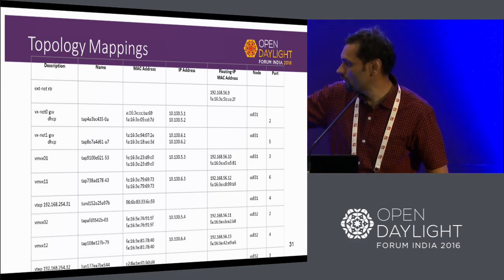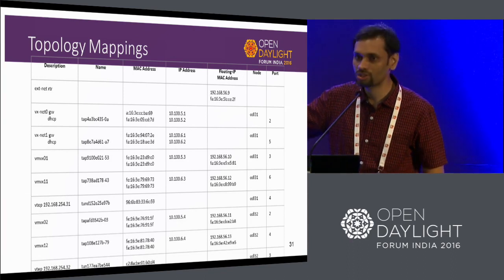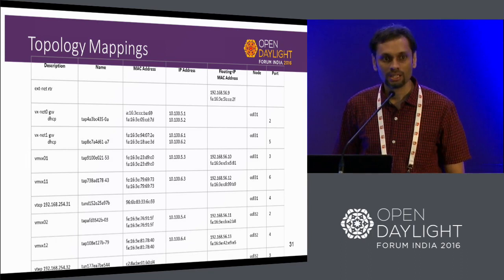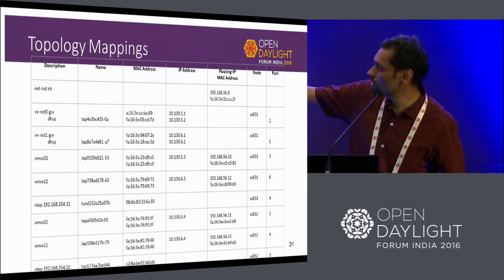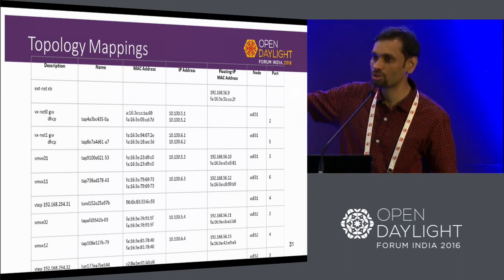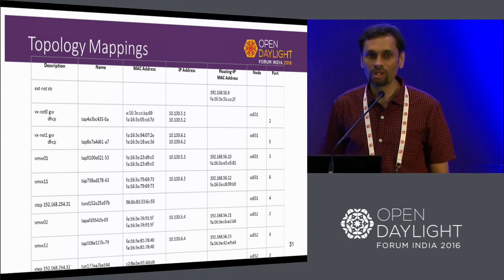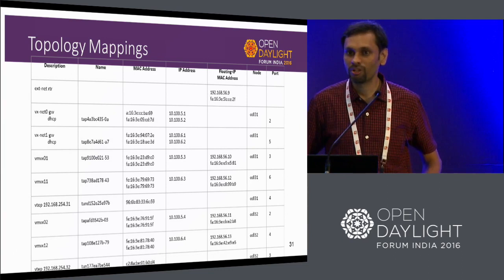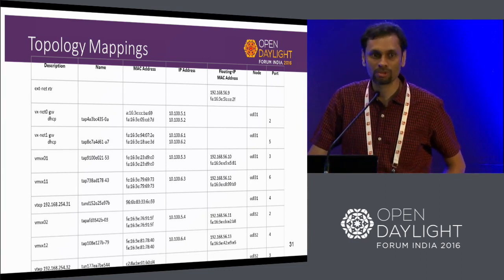Then you will have 192.168.254.0, which is going to be your data network. And then you have 192.168.56.0 on the top, which is going to be your public network. If you remember the slides we went through before the break, we said clearly that a cloud will have multiple types of networks.